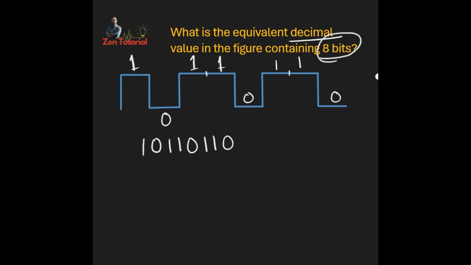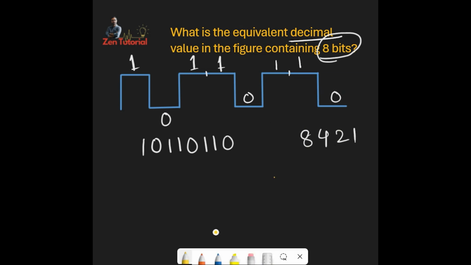So if we apply the 8-4-2-1 theory, let's change the color of the pen. Here will be 1, and then 2, then 4, then 16, then 32, then here will be 64, and then 128.